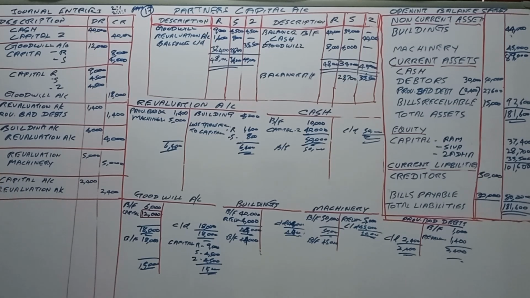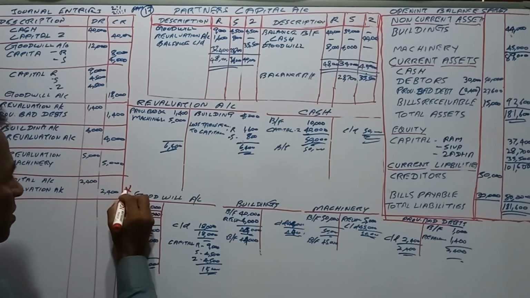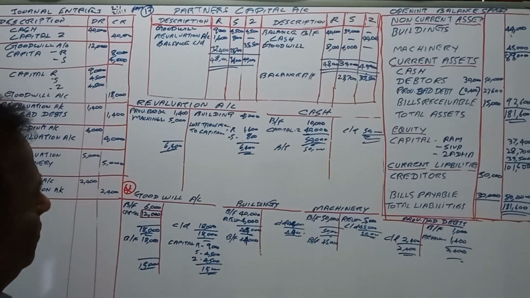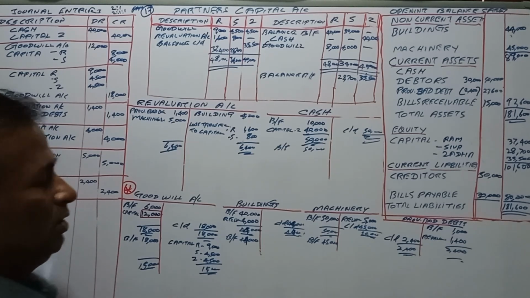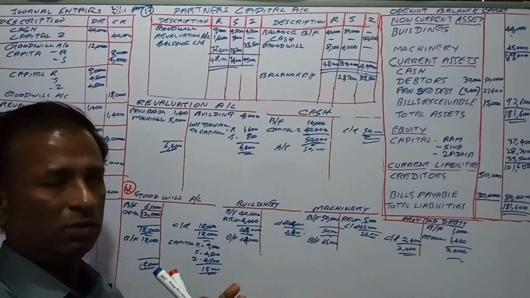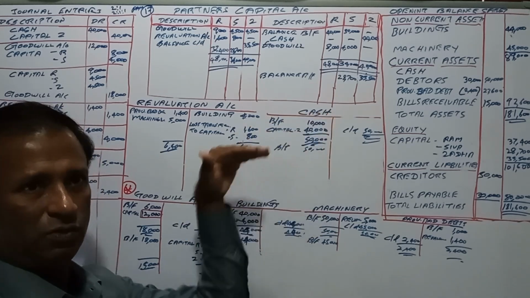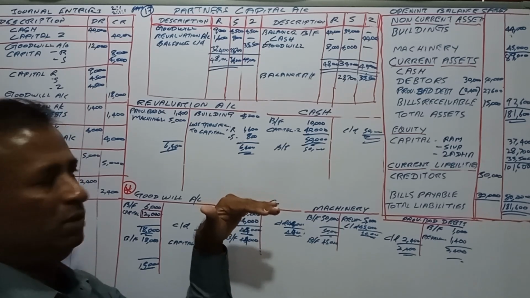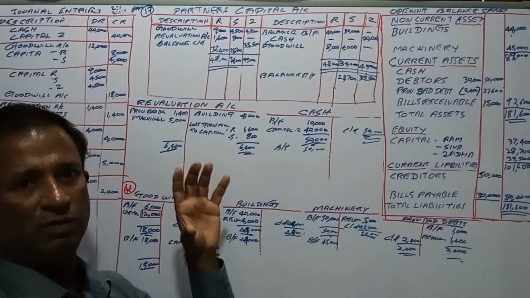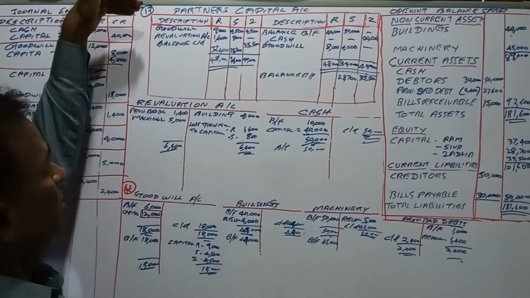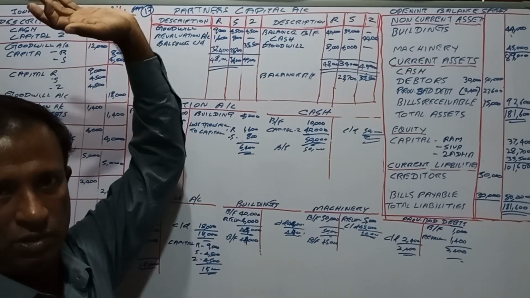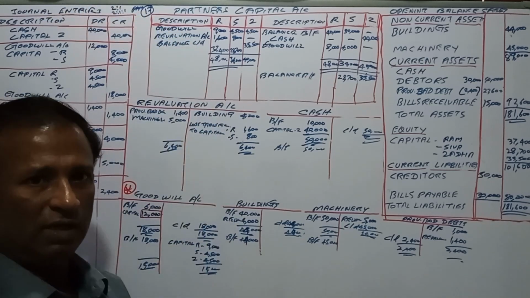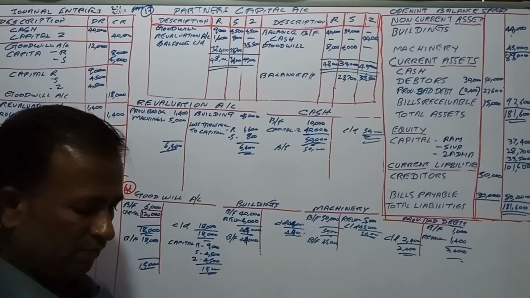Here you have to see only the goodwill adjustment, right? Other things are normal. When there is an increase in the goodwill while you are admitting the new partner, the increment will be borne by the old partners at the old profit sharing ratio, right?